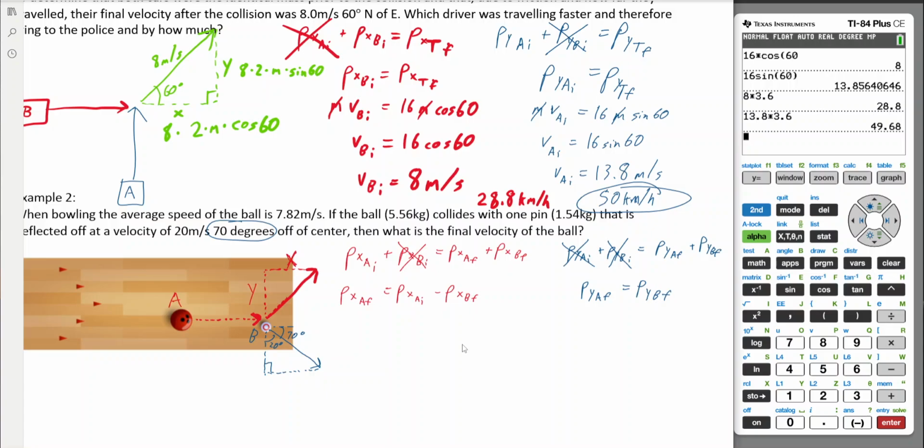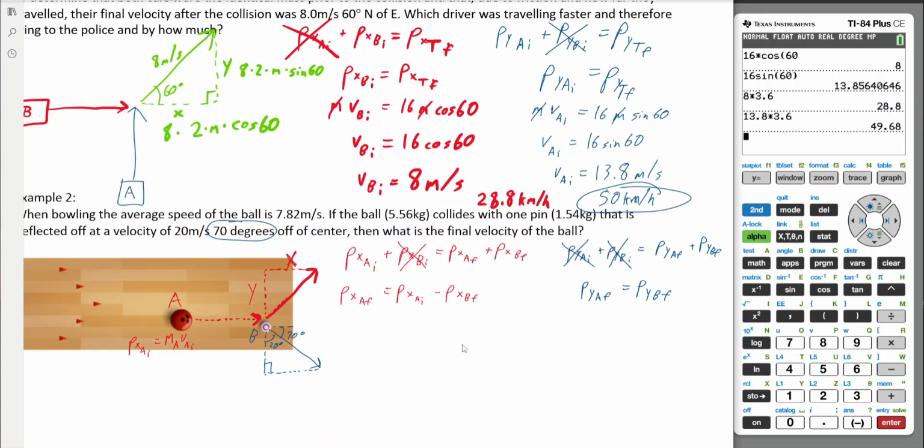Now, we don't have those momentums directly quite yet, but we do have different masses, and we have different velocities, and we have an angle. So we're going to find those things. So first of all, the MAVAI is whatever we started with. That's going to be our PXAI.